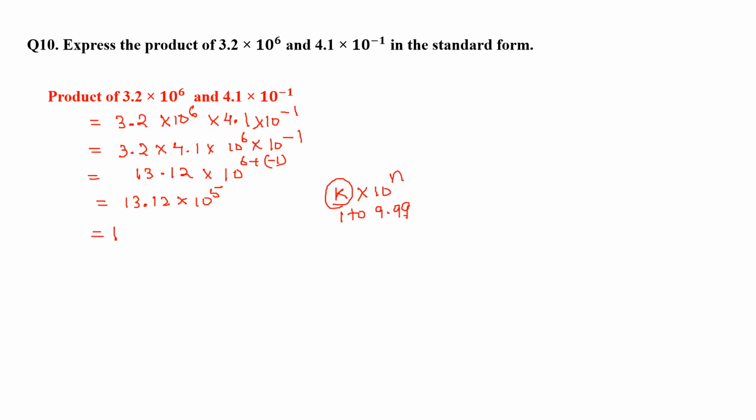So this I can write as 1.312 into 10, isn't it? If I write 13.12 like this, my value will remain the same. It is 1.312 into 10 into 10 to the power 5. So this further I can write as 1.312 into 10 to the power 6, because the base is the same, so add the powers. 1 plus 5 is 6. And you can see 1.312 lies between 1 and 10, right? So this is my standard form.